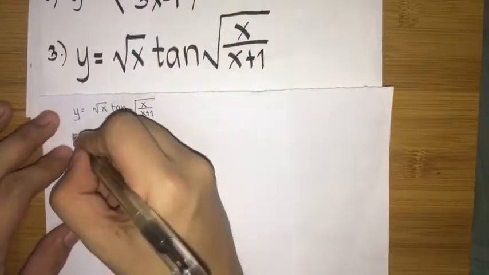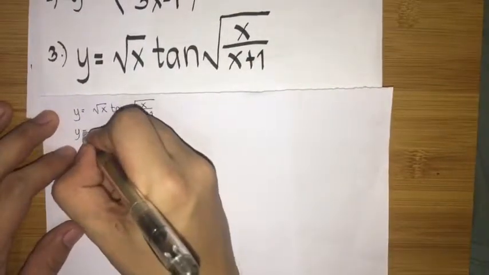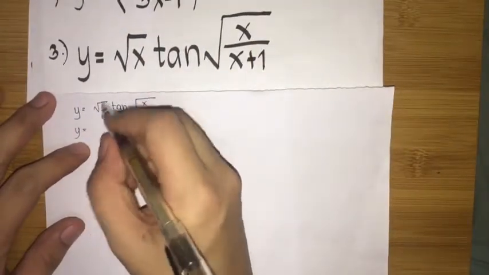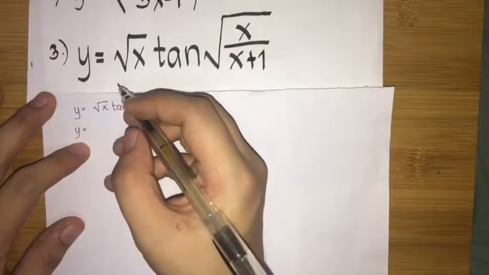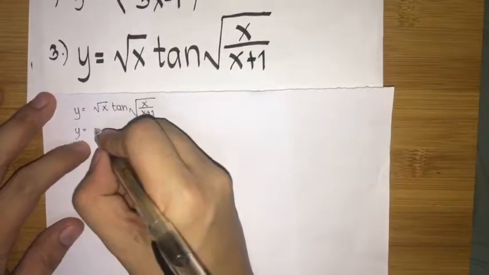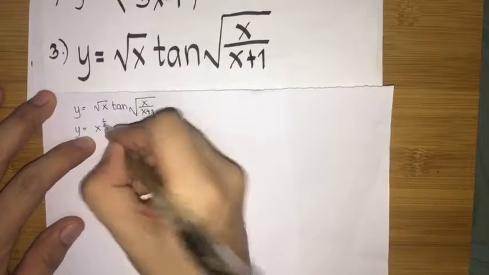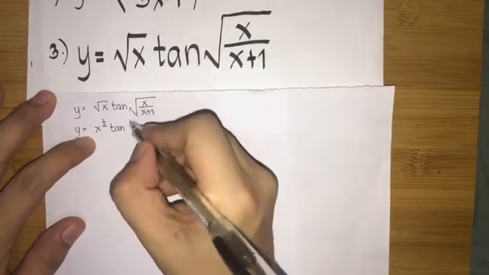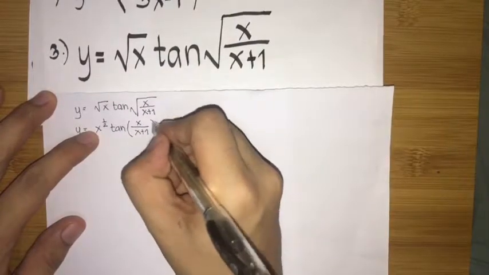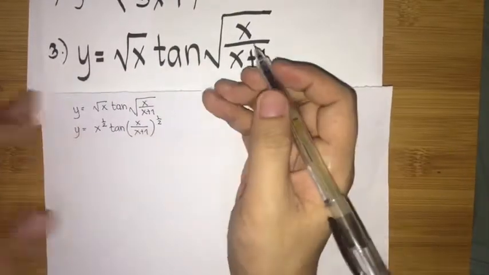So I think I want to rewrite it first by making the radical equivalent to fractional power. So we have x raised to 1/2 times tan x over x plus 1 quantity raised to 1/2.